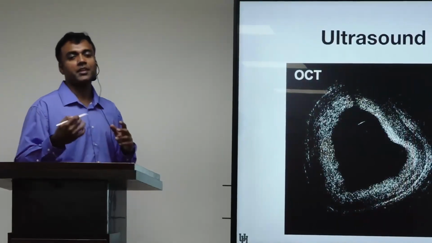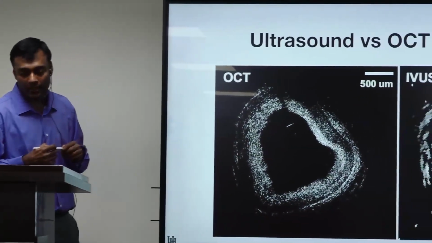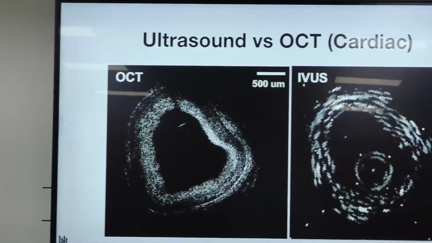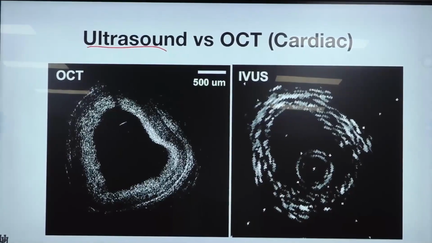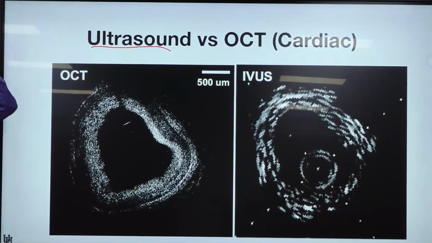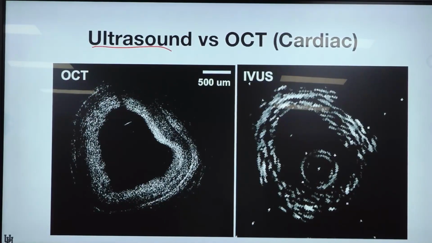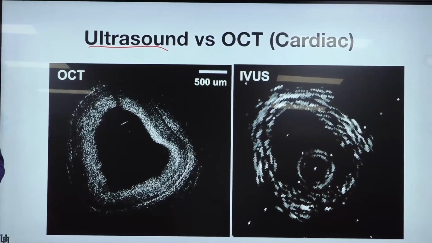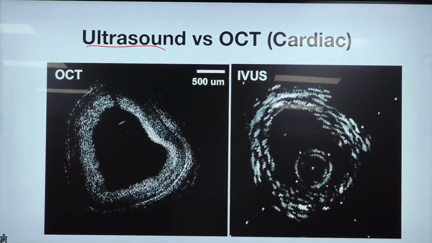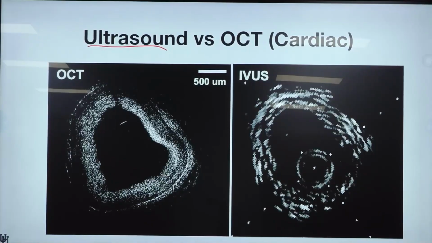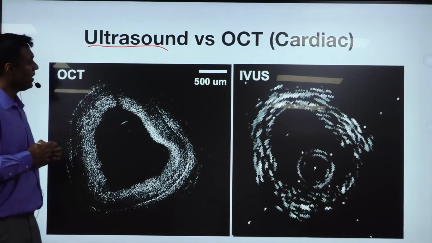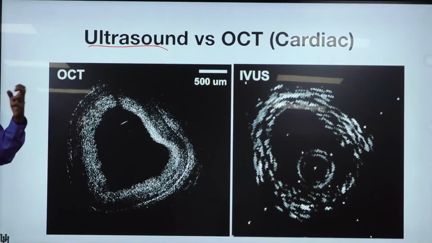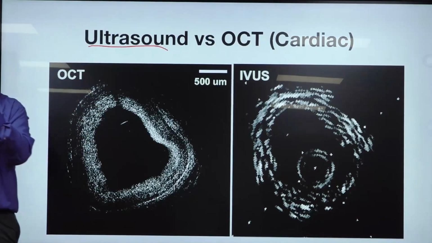The same kind of OCT can be used, compared to ultrasound. This is for the human heart. This is ex vivo, meaning after the person has died, perhaps after an autopsy.